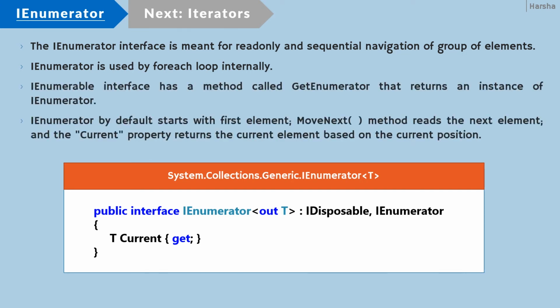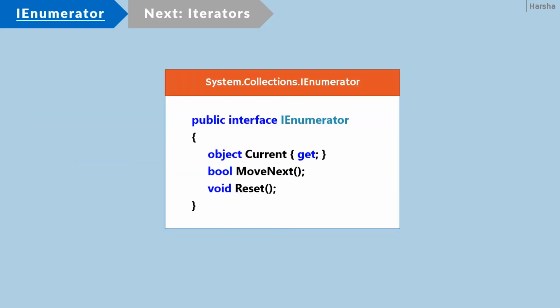Actually, the IEnumerator has methods like MoveNext and Reset, and it has a property called Current. So internally, when you use the for each loop for any kind of collection or array, it by default calls the Reset method first, and every time it calls the MoveNext method in order to go to the next element and assigns the value of Current property into the variable that is declared in the for each loop.